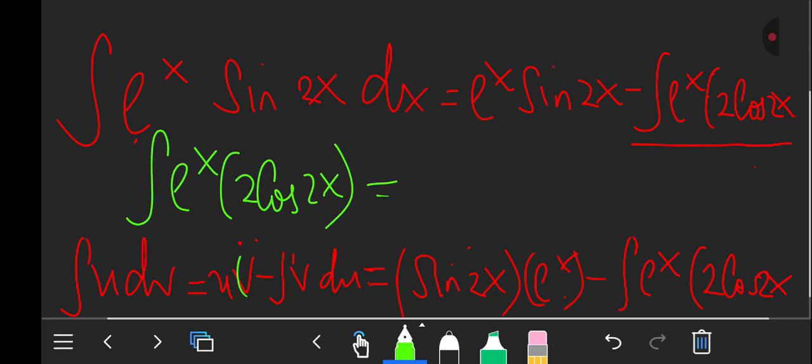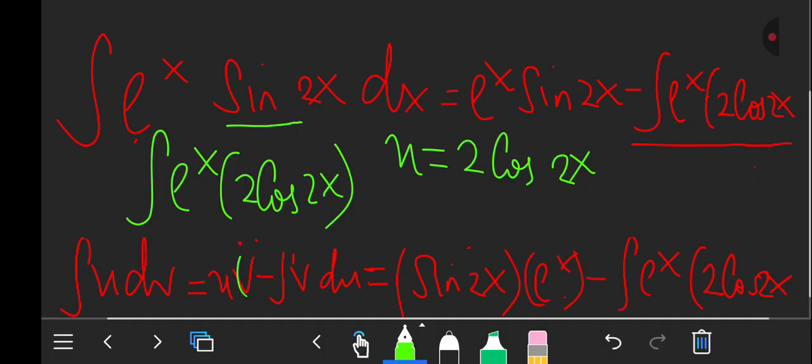So what I'm going to say is my u will be 2 cos 2x. Okay, that will be my u. And mind you, here we differentiated sine 2x, right? And that gave us that.